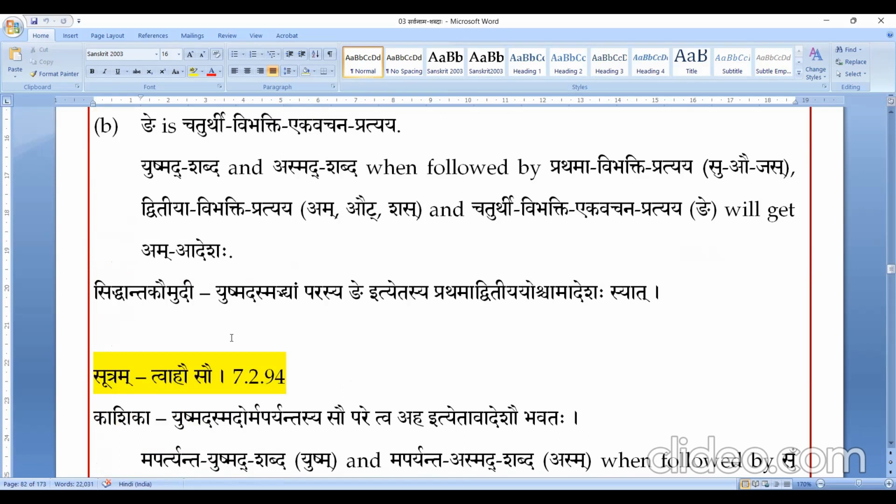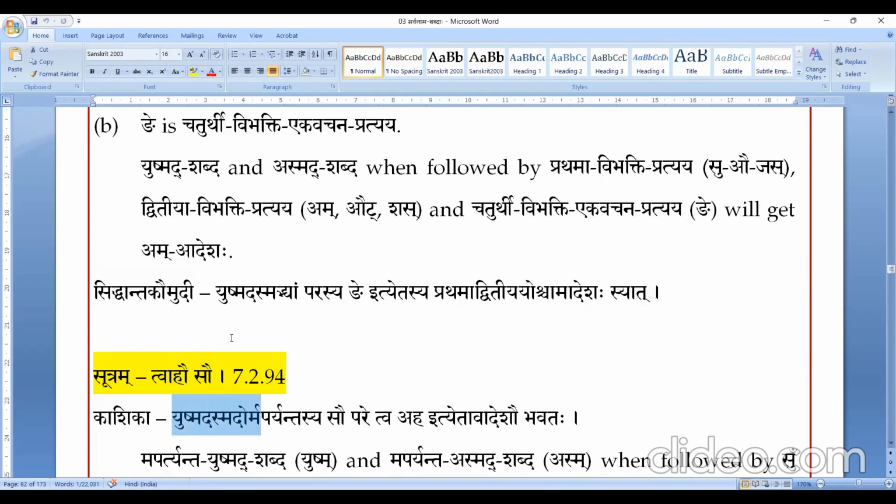All the sutras you will see in the 7 to section, starting from 7 to 83, 86 onwards, are involved in the derivation of Yushmad and Asmad. Tvaho: when Supratyaya follows, Tva and Aha will be the Adesha in place of Ma Paryantasya Yushmadasmadoho.